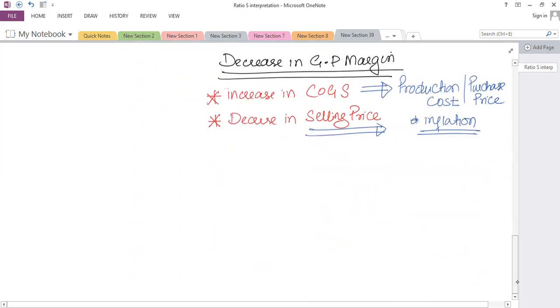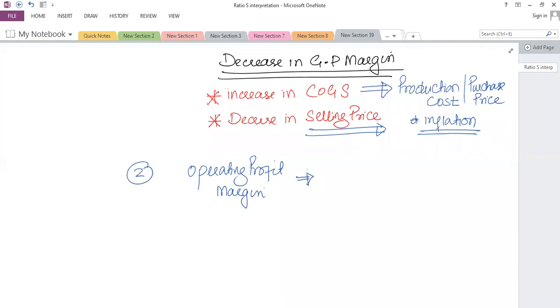Now let's talk about another ratio, and that is the operating profit margin. Do one thing: write down the main reasons for every ratio. On a separate sheet of paper, write down two, three, four possible reasons, right?